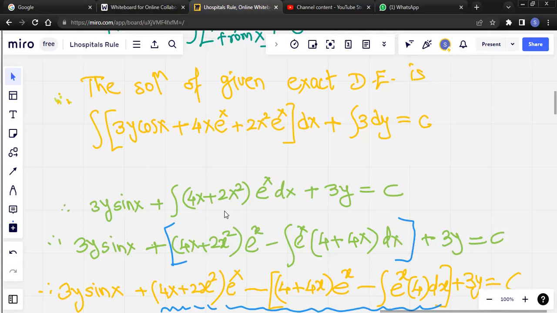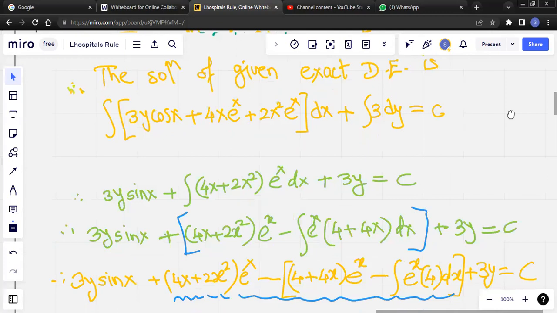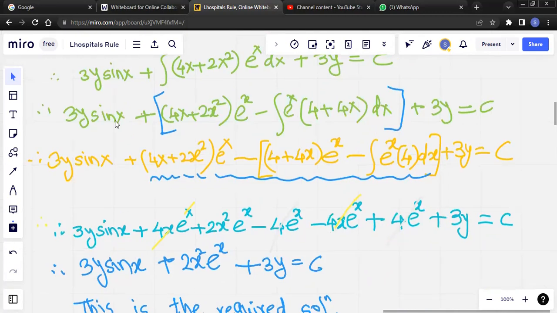This bracket helps you in getting the by parts rule. The bracket is just given another color. So let us again apply this product formula here: 3y sin x as it is, this particular term as it is, (4x plus 2x^2) e^x.